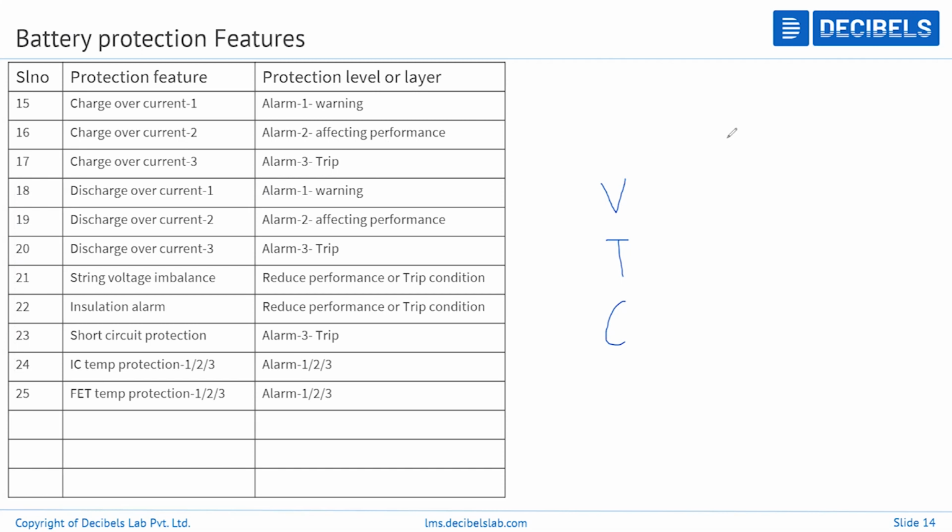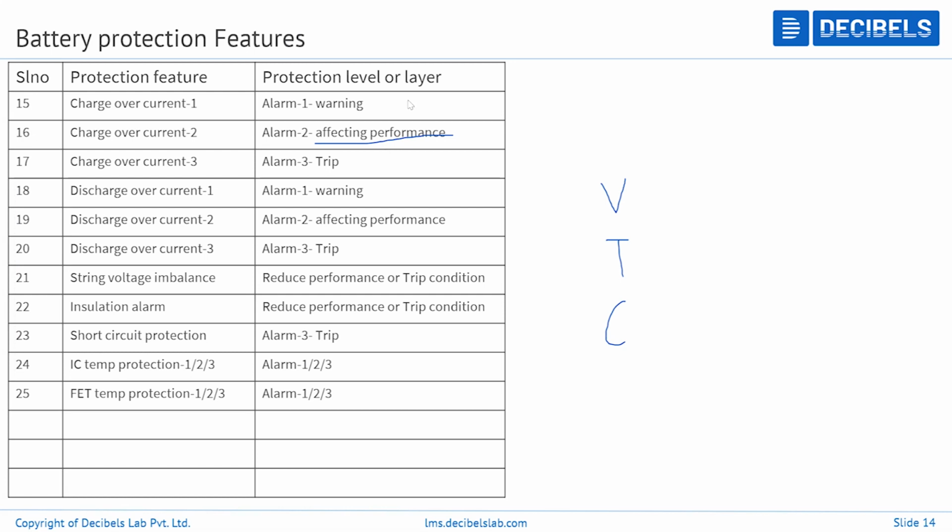From a customer's point of view, if suddenly at level one it undergoes the cutoff, it's not good, right? You should at least get a warning. That is one part. And these features can be modified according to the OEM needs. They are not fixed. It depends on how the OEM comes up with different feature developments for the protections.